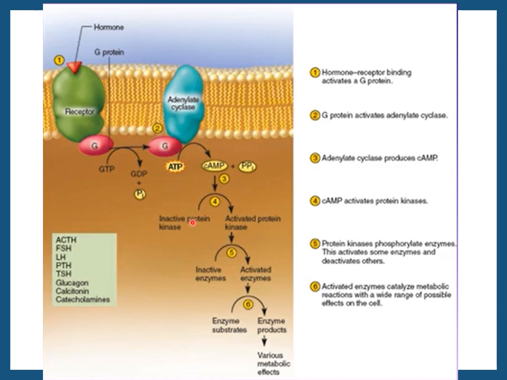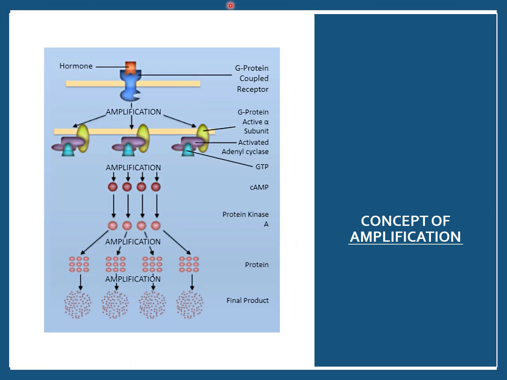So cyclic AMP will activate an enzyme called protein kinase. And then that protein kinase can activate and deactivate proteins and have various metabolic effects. Wide range of possible effects on the cell. And that brings us to this concept of amplification.